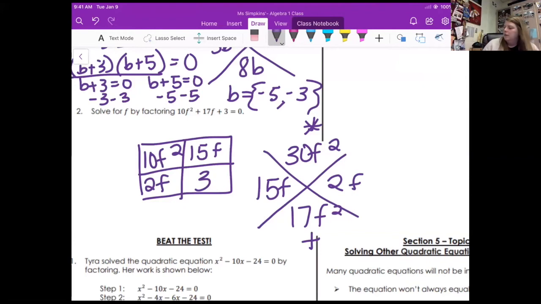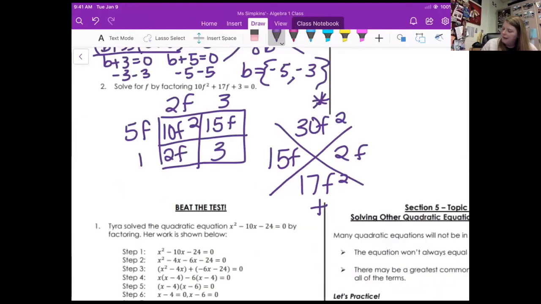What's the greatest common factor? 5, and they both have an f. So 5f. 5f times what gives us 10f squared? 2f. 5f times what gives us 15f? 3. 2f times what gives us 2f? 1. So that's our two factors, 5f plus 1 and 2f plus 3 equals 0.